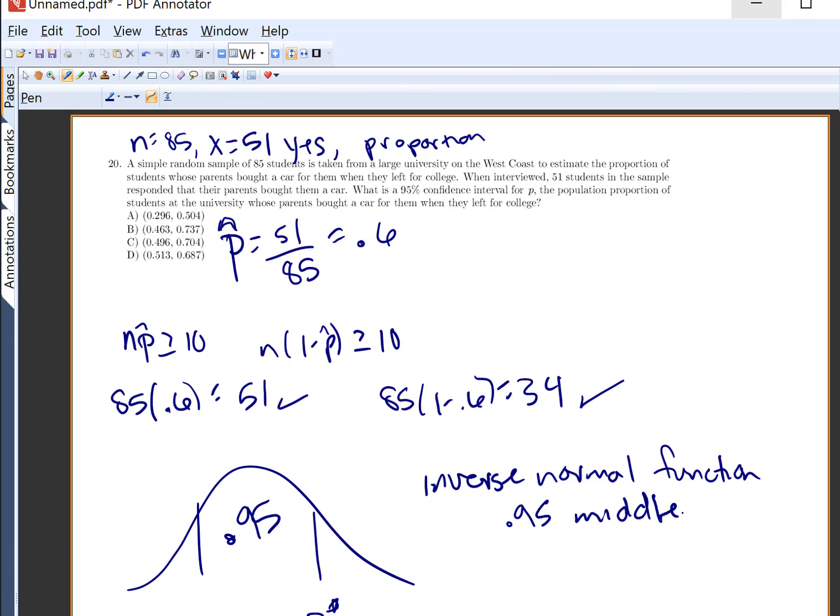If your calculator doesn't let you do 0.95 area in the middle, then 0.95 in the middle means 0.025 in each tail. So you could tell it you want 0.025 to the left, and it'll give you this value, and then you can figure out what z star is. I put that in my calculator, and I get z star equals 1.96.